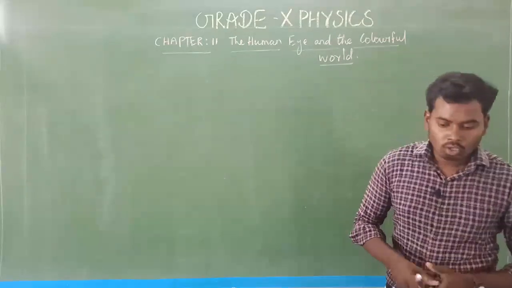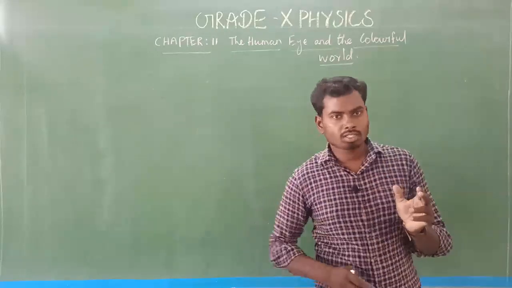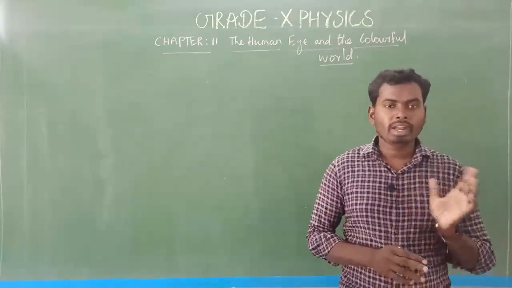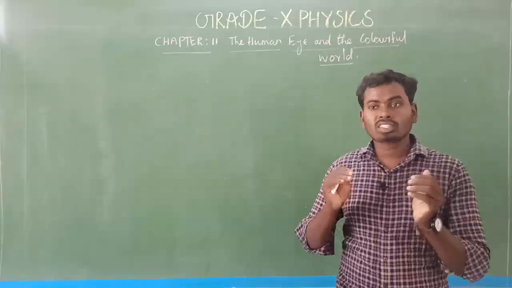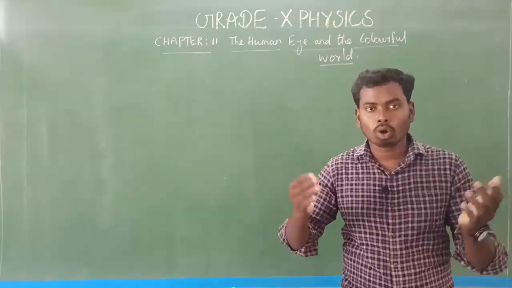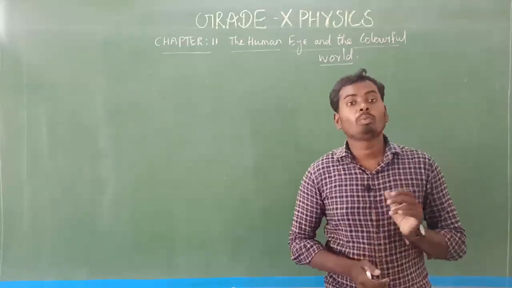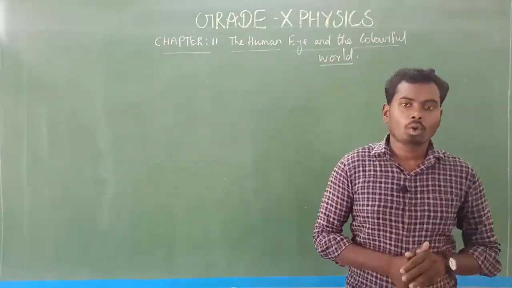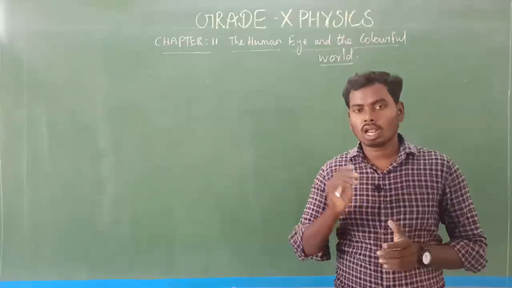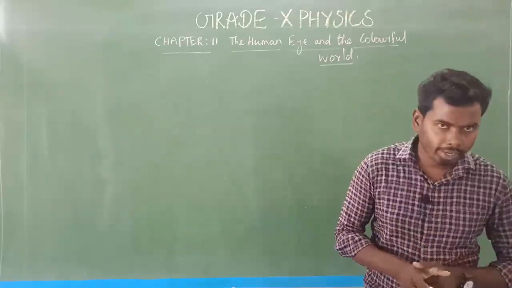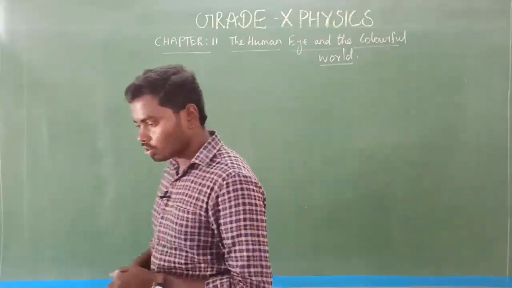Isn't it? Yes. So in the rainbow, 2 colors are predominant. Predominant means the intensity of these 2 colors will be much more compared to the remaining colors. What are those? First one red color and second one blue color. Why? That reason I'll discuss later. Yes. So this is how the rainbow is formed.